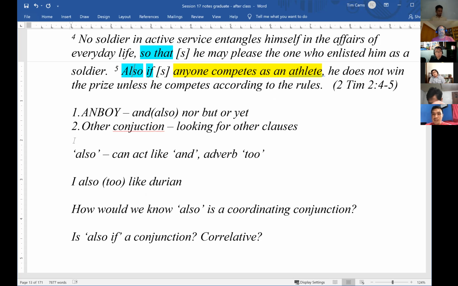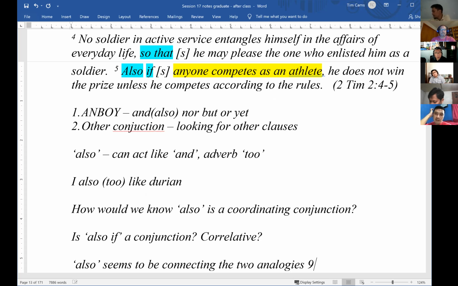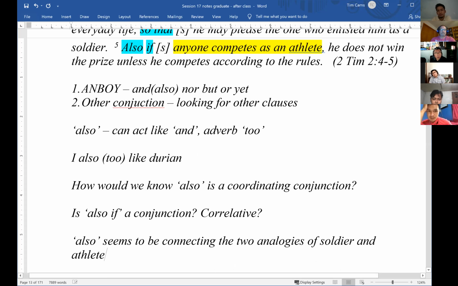It seems he is placing those two analogies on equal footing, being a soldier and being an athlete. So "also" functions as an "and boy," a coordinating conjunction, it seems.